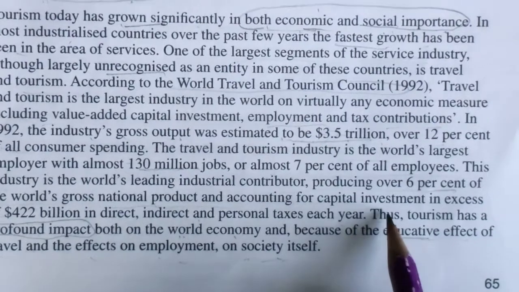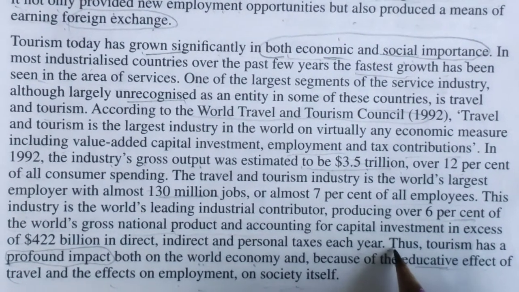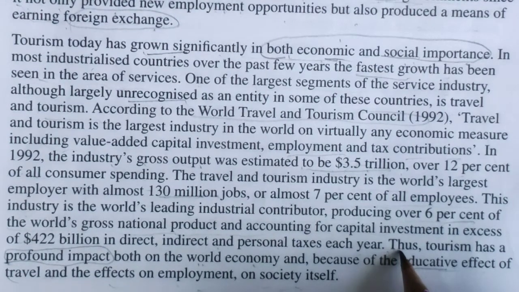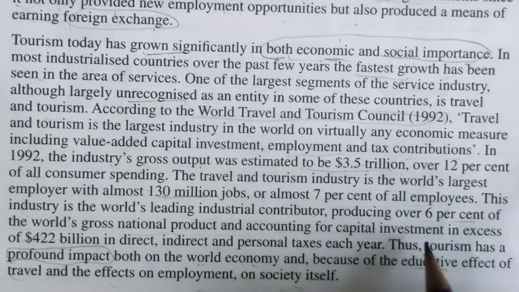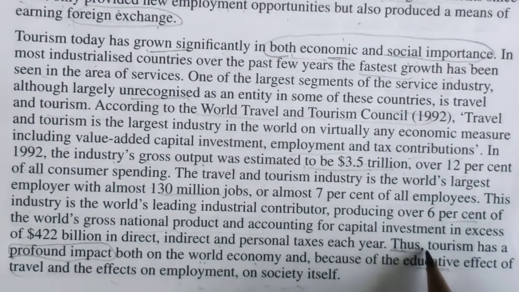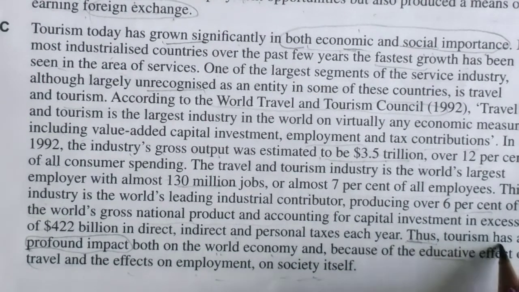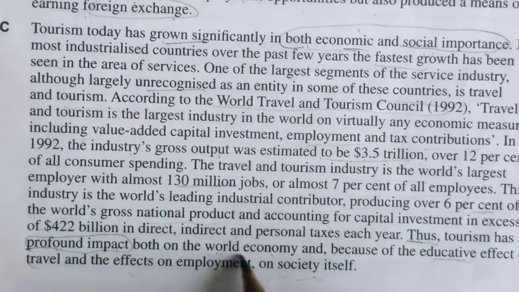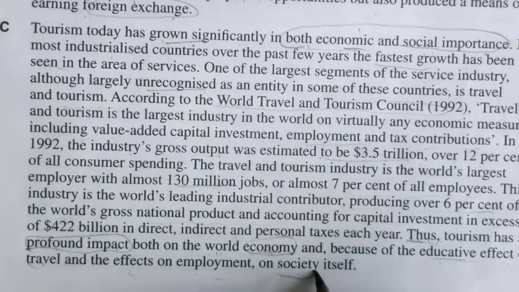So at the end, like in IELTS writing task 2, we always conclude our body paragraphs with thus, or as a consequence, or therefore. So here they have also used the same thing. Thus tourism has a profound impact both on the world economy, economic meaning economic, and because of the educative effect of travel on society, meaning a social impact.